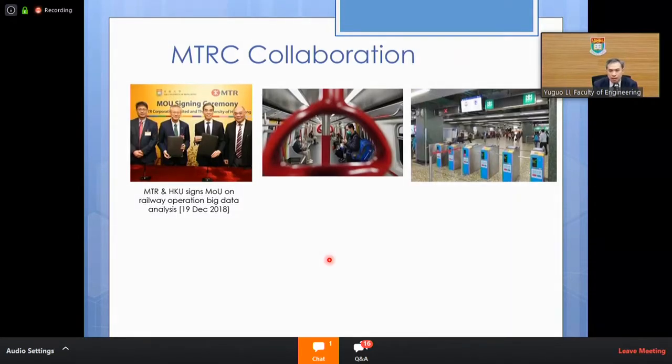Starting that time, I have been studying the data logs, especially about how the train moves, what the movement data are, and what kinds of departure and arrival times, all these kinds of statistics. Our goal is to see whether it is possible to predict what will happen if there is any accident happening on the platform. What kind of delay will be incurred to the train movement?